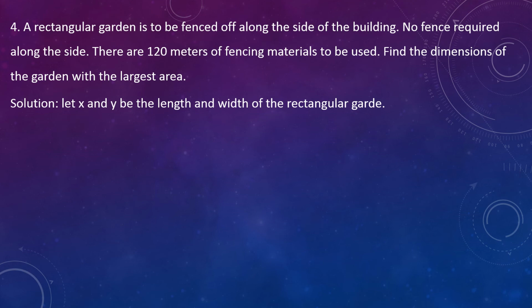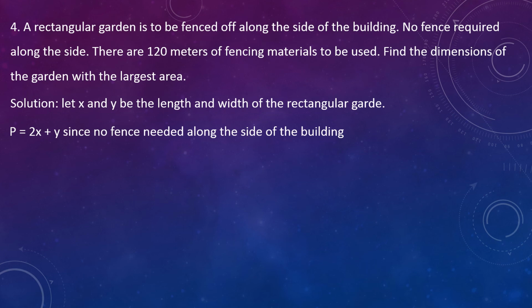So let x and y be the length and the width of the rectangular garden. Then for the perimeter, we have p now is equal to 2x plus y. The other one, 2x, and the other one is y, because along the side of y is the side of the building. So therefore, only one side along y is being fenced. Okay? So therefore, p is equal to 2x plus y.